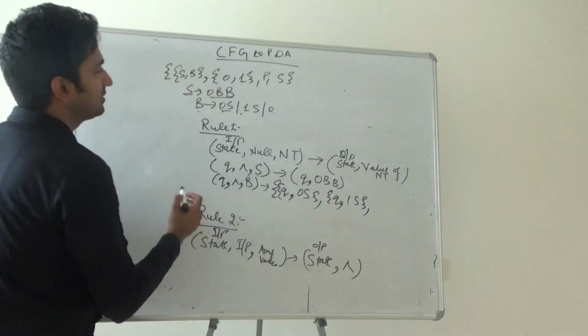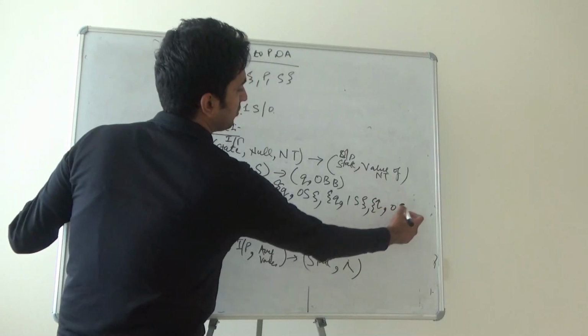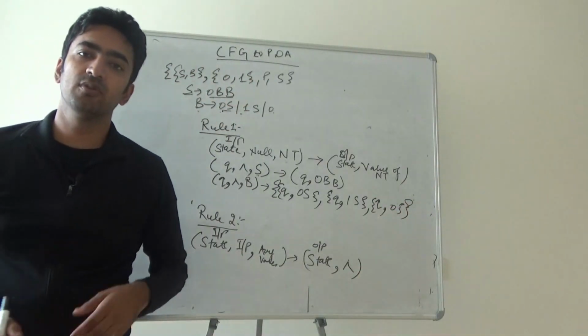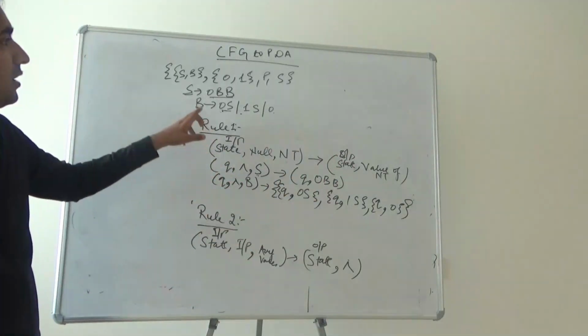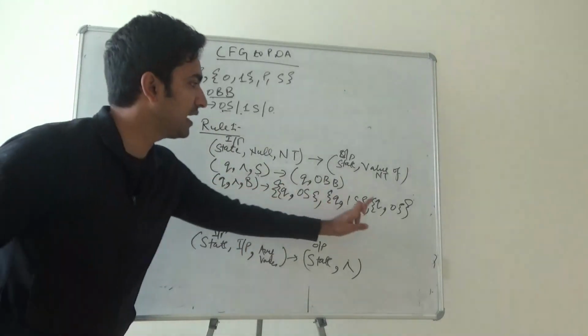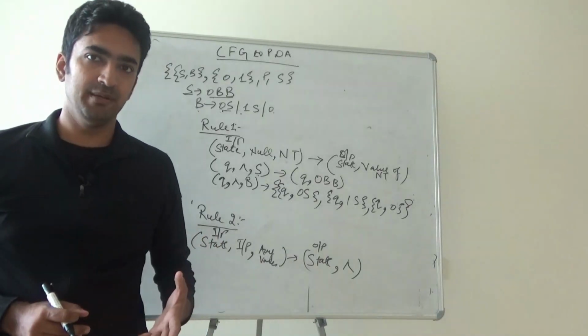This is my second answer. Q, it can give me 0. So this is my third answer. So clearly there are 3 answers for B: 0S, 1S and 0.